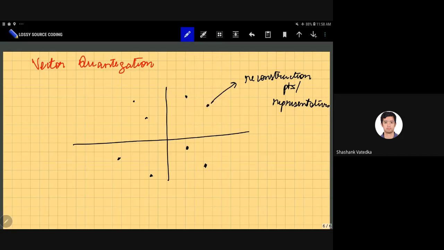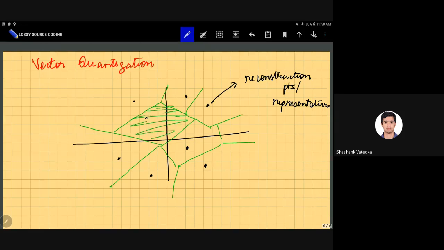Now the thresholds aren't going to be a threshold for X and a threshold for Y, but basically our goal is to somehow partition this into different, non-overlapping regions. And so if X lies in this particular region, it's going to be represented by this reconstruction point.